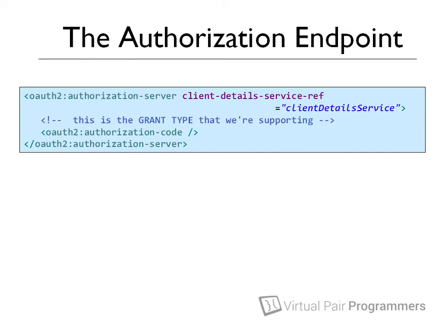It's an odd way of doing it, but what we're doing here is we're telling Spring OAuth that we want to support the authorization code grant type for this system. If we wanted to support any of the other grant types that's coming up later on in the course, then we would add further tags here. But that's all we need for this chapter on authorization code.